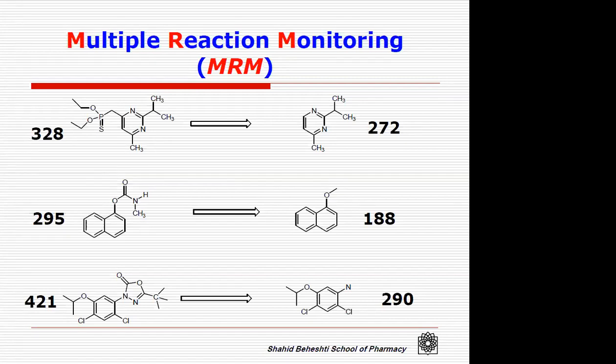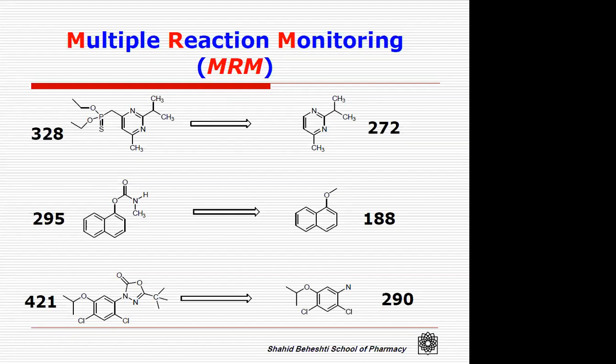You see, the mass spectrometer is capable of monitoring all these processes separate from each other and get the signal for each one of the compounds without being disturbed by the transition of the other compound. So what it means is that we could monitor different reactions for different compounds together, and without having them mixed up.